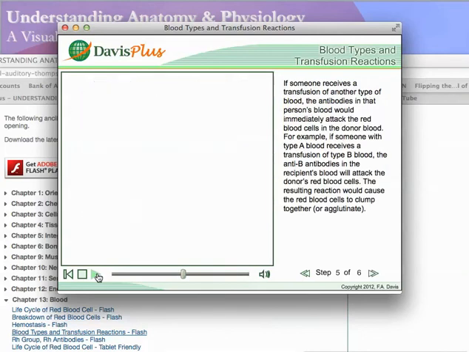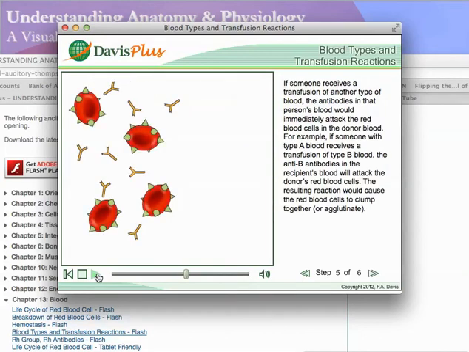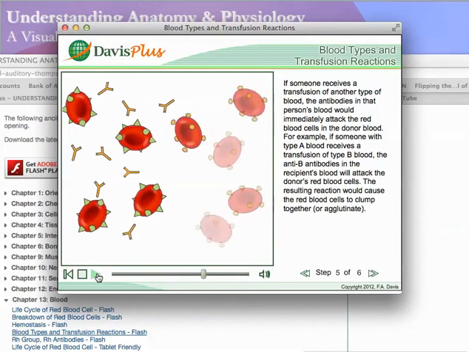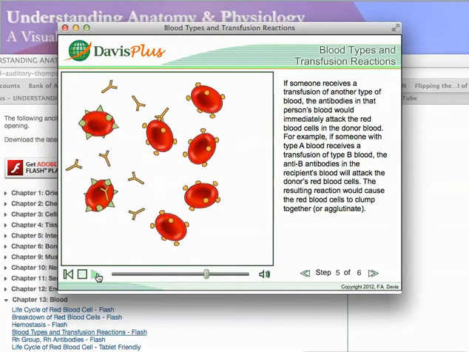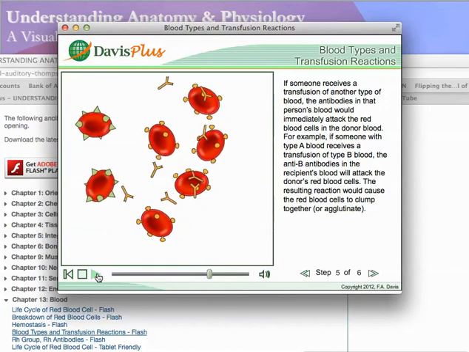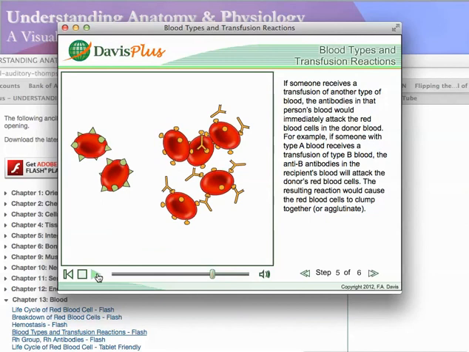If someone receives a transfusion of another type of blood, the antibodies in that person's blood would immediately attack the red blood cells in the donor blood. For example, if someone with type A blood receives a transfusion of type B blood, the anti-B antibodies in the recipient's blood will attack the donor's red blood cells.